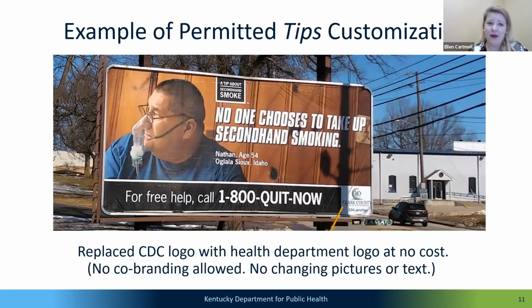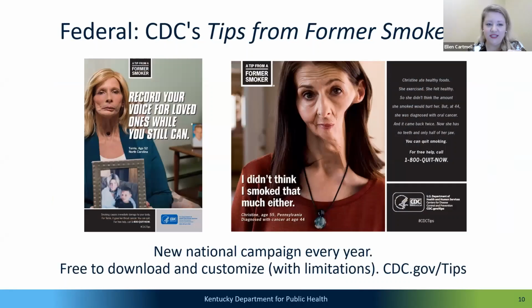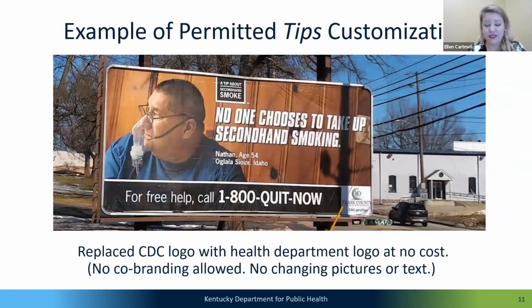The big thing to know about CDC and Tips from Former Smokers branding is that they don't like to see co-branding, which is when the CDC logo is next to the local health department logo. So as you can see, unlike on these where you can see that blue CDC logo, on this one, there is no CDC logo. It's just the Clark County one. So that is their preference.